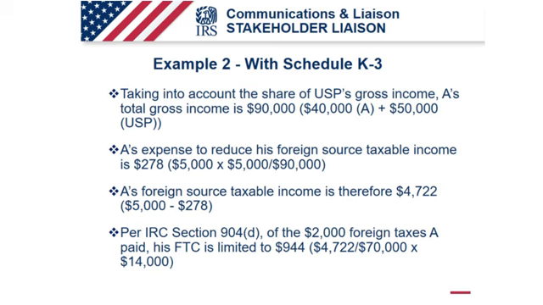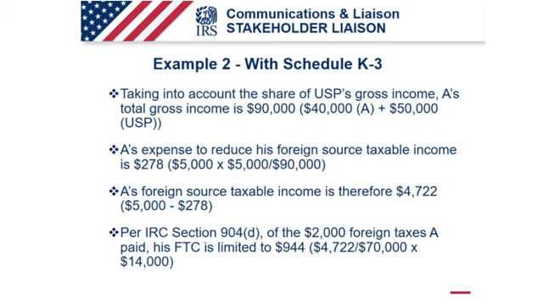Now, like I said, the $5,000 of expense is going to be apportioned ratably to the foreign source income, and that's done by multiplying that expense times a ratio, which is total foreign gross income over all gross income, foreign and U.S. So when you walk through that calculation, you multiply 5,000 of expense times 5,000 of foreign source income over 90,000 of total income, and that results in $278 of that expense being allocated to the foreign source taxable income.